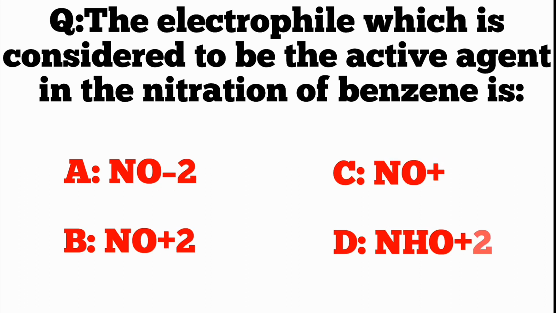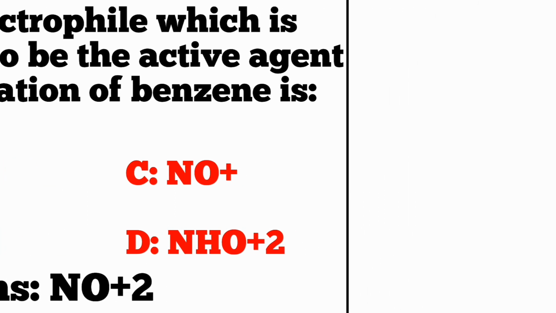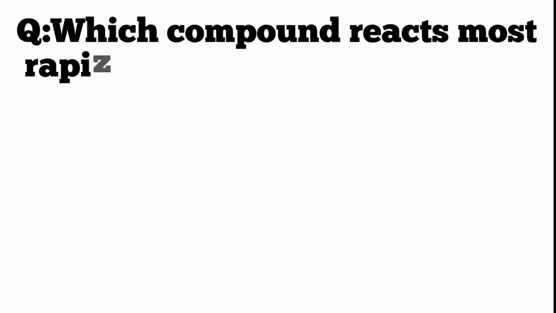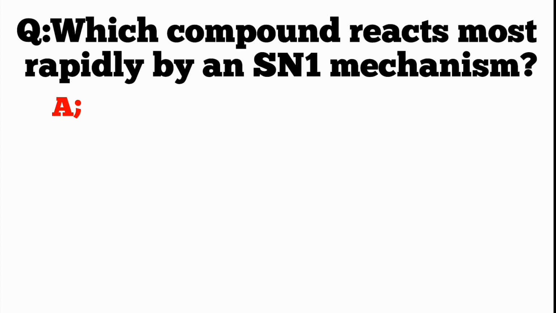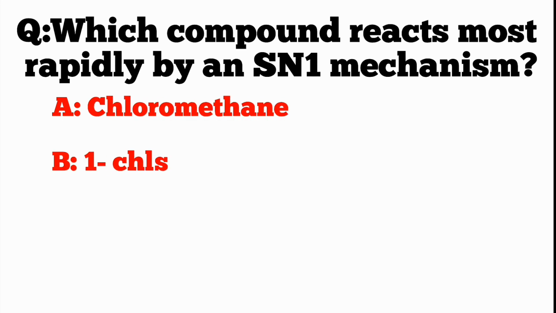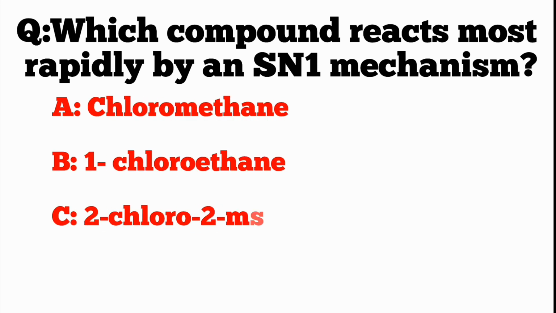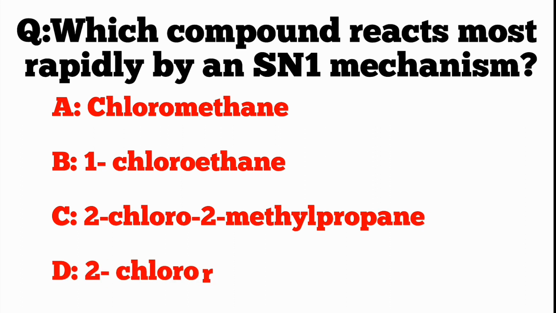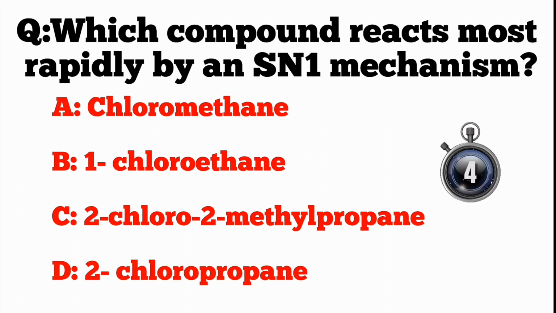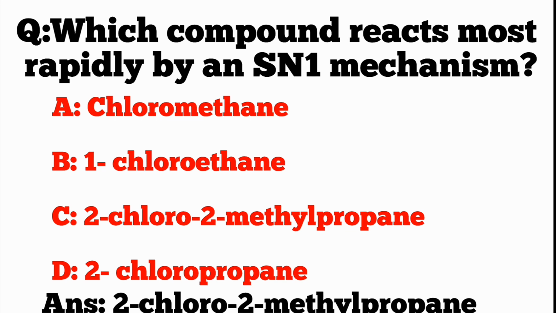D. NO2+. Ans. NO2+. Q. Which compound reacts most rapidly by an SN1 mechanism? A. Chloromethane. B. 1-chloroethane. C. 2-chloro-2-methylpropane. D. 2-chloropropane. Ans. 2-chloro-2-methylpropane.